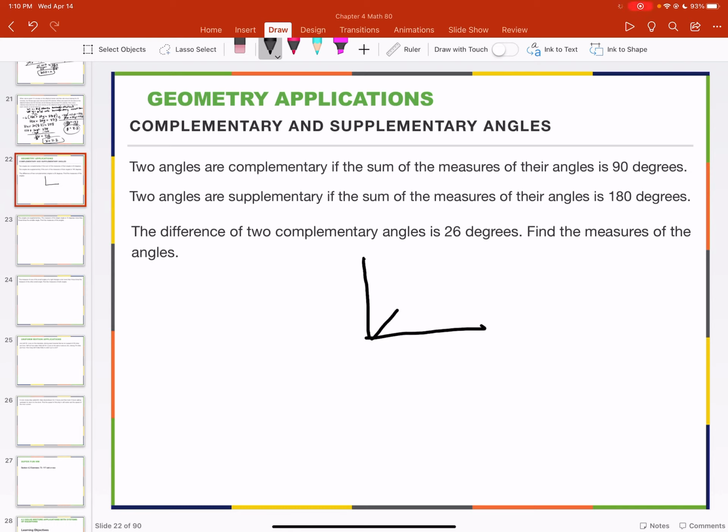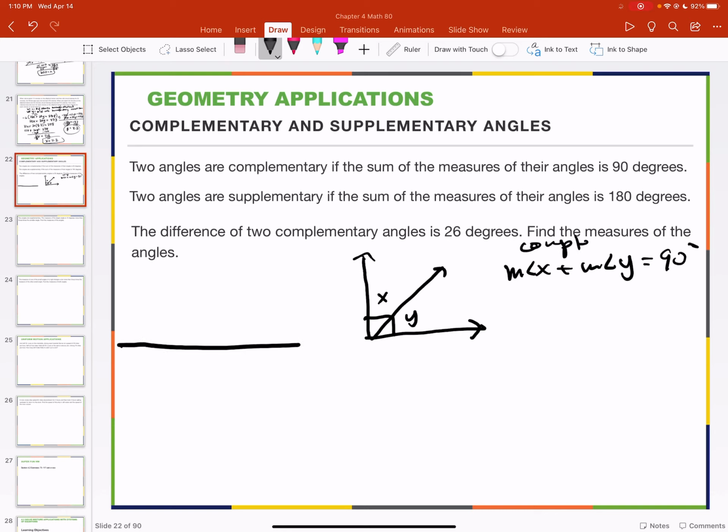Two angles are considered complementary if we add them up and the measure of their angles is equal to 90 degrees. So measure of angle x plus measure of angle y is equal to 90 degrees. That's when it's complementary. Okay, these are geometric terms.